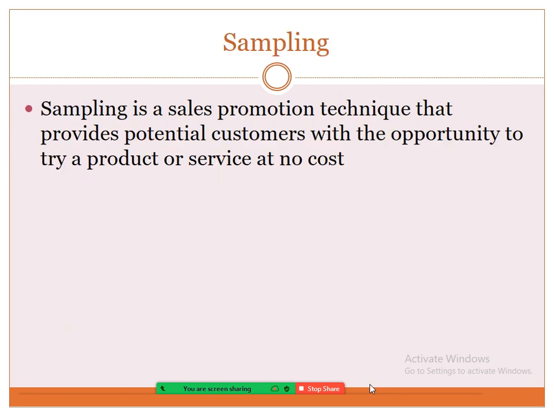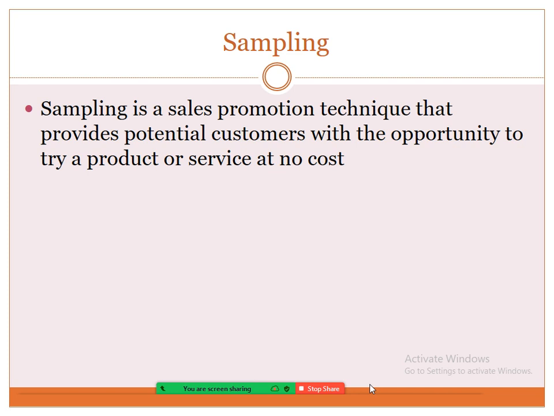Sampling. Sampling is a sales promotion technique that provides potential customers with the opportunity to try a product or service at no cost, that is, zero cost. Mark Pritchard, who was the vice president of global cosmetics and personal care at Procter and Gamble, noted recently that one of the most fundamental things is that consumers want to try before they buy.